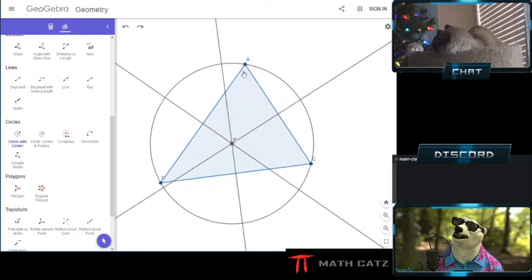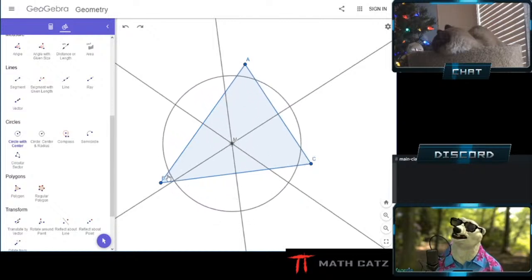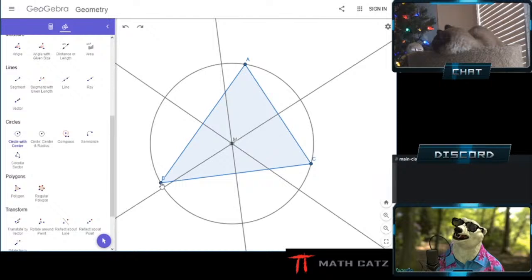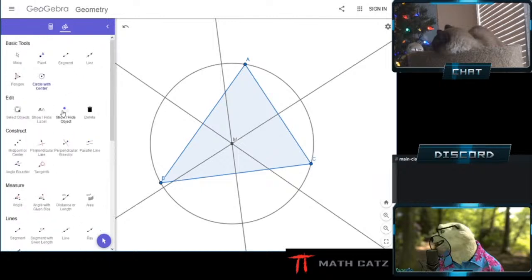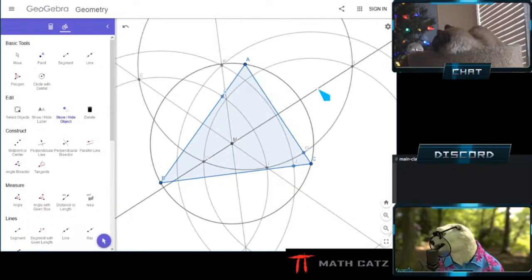Pick any one of them. Pick that one. Or pick C. Pick B. I like the real-time expansion. But the result is the same, right? So now you can actually hide all your perpendicular lines if you feel like it, just to look at it.